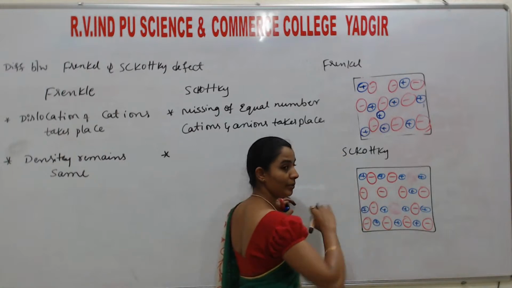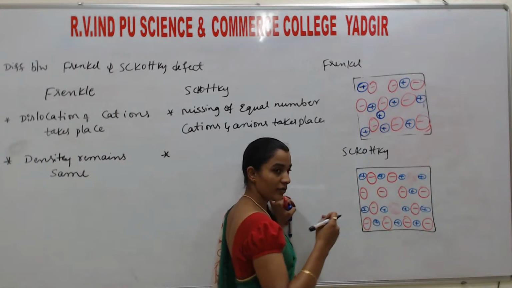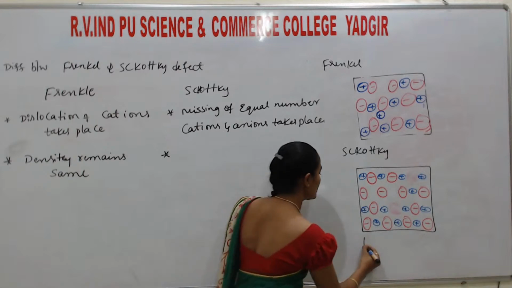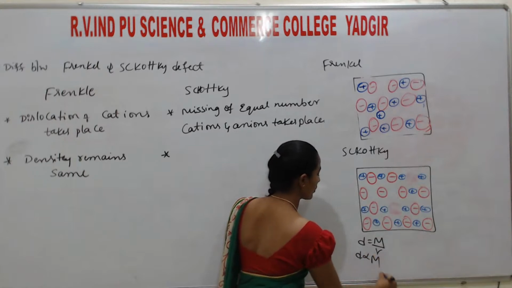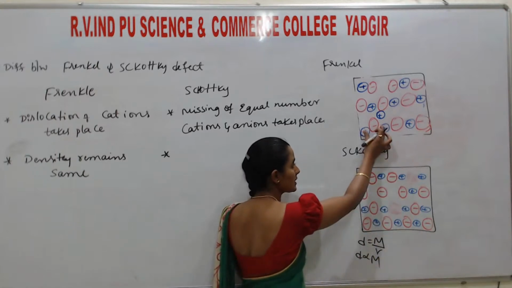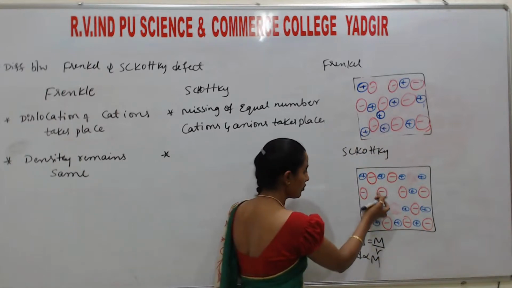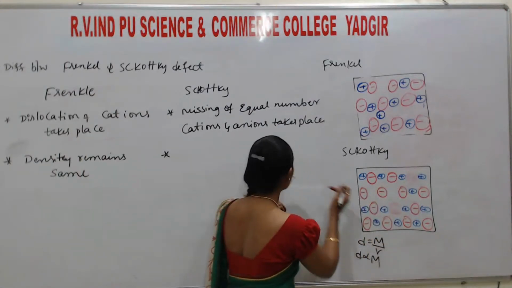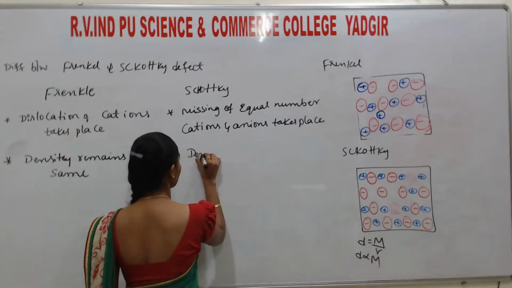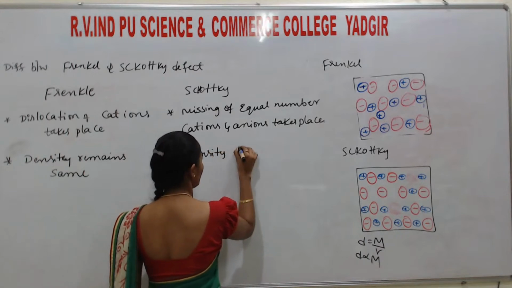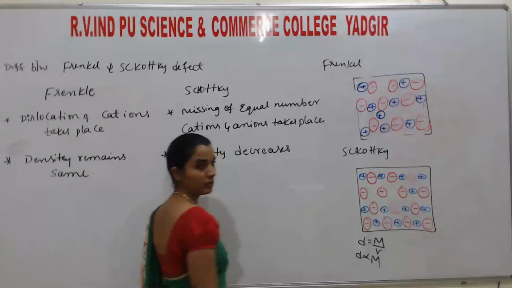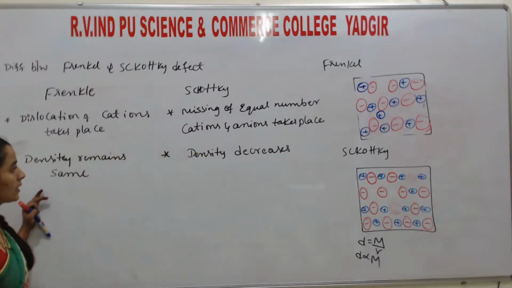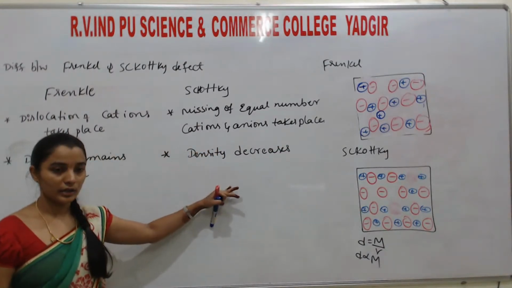Understood? Here complete missing takes place, which means the number of ions decreases. So density is directly proportional to what? Mass by volume, which means density is directly proportional to mass. If mass is the same, density is the same. If mass is less compared to that, then what happens to the density? Decreases. Understood? So here density remains the same, here density decreases.